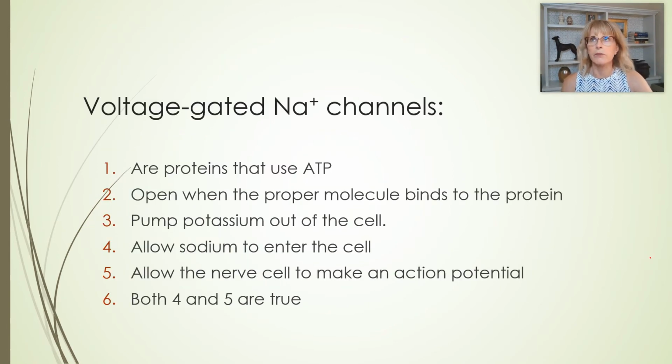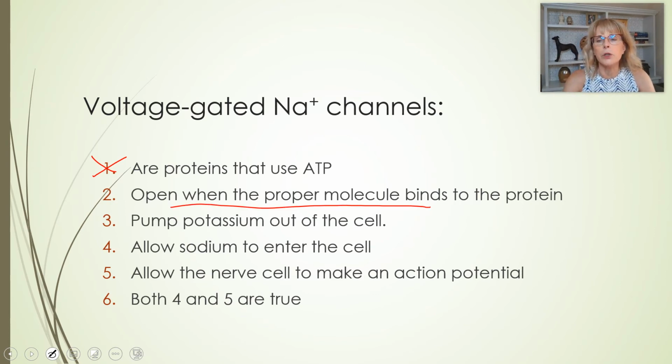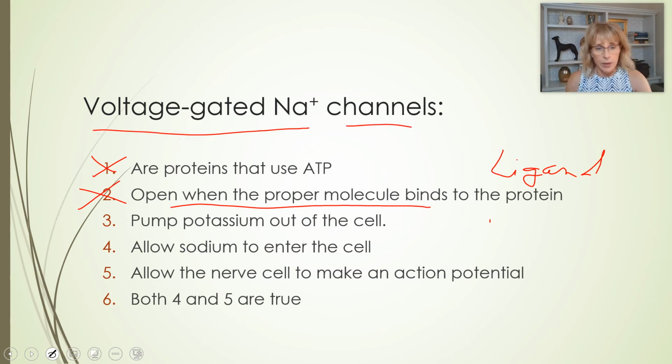Oh, another question. Voltage-gated sodium channels. Okay, there are proteins that use ATP. No. Pumps use ATP, or pumps get called sodium-potassium ATPase. Open when the proper molecule binds to the protein. No. If this was true, this would be a ligand-gated channel. So that's not true. Pumps potassium out of the cell. Wrong. Channels are not pumps.